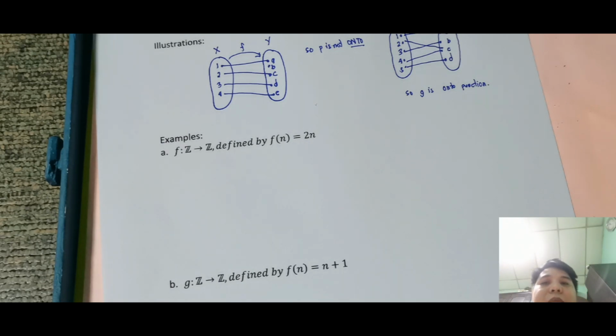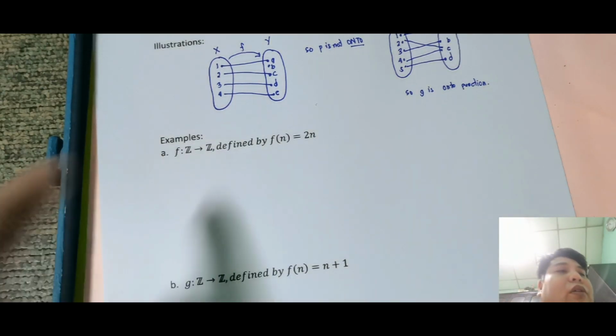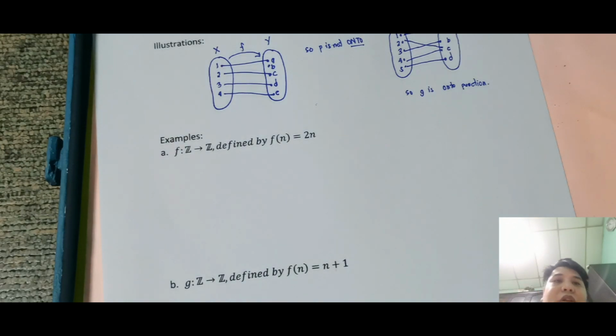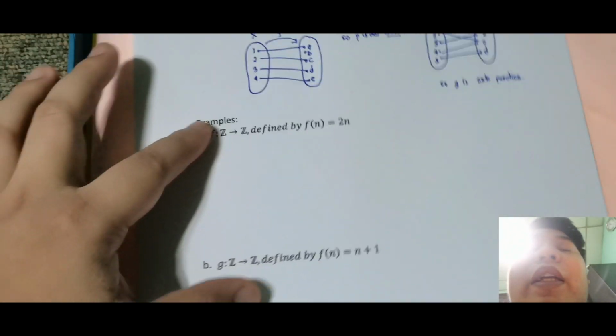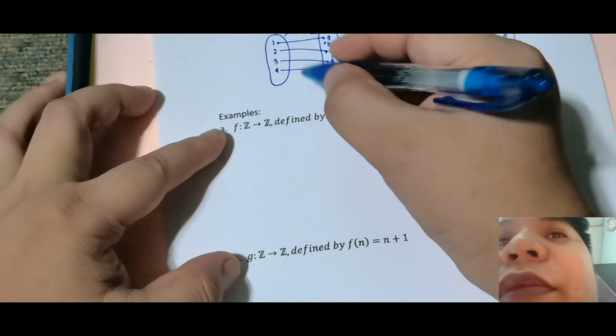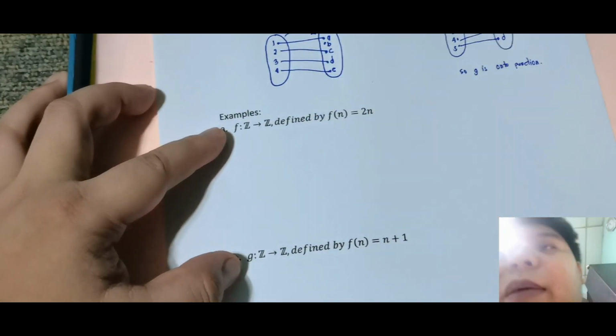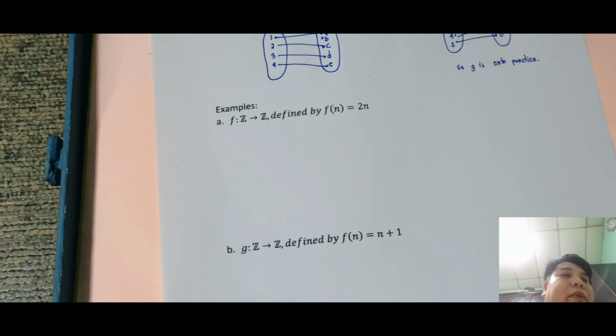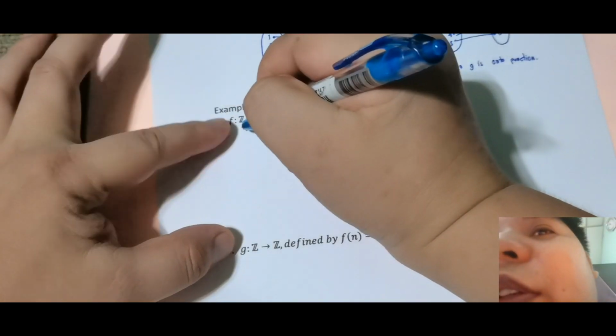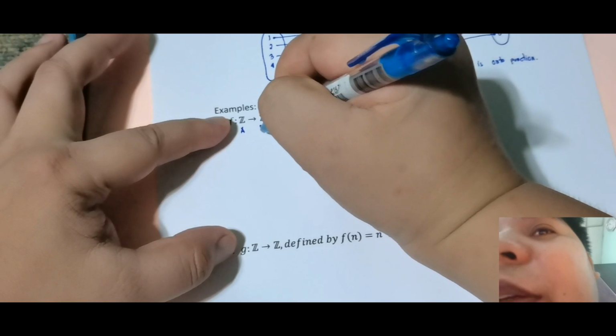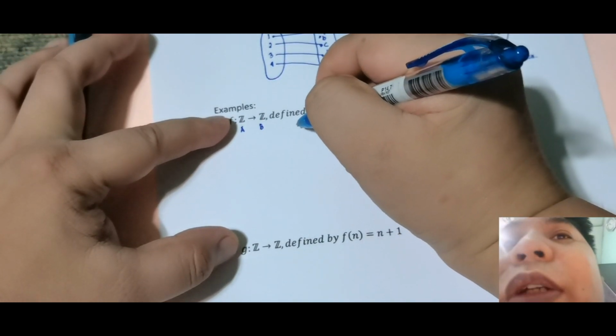Okay, so, let f be a function mapping from Z to Z defined by f of n is equal to 2n. So, tandaan mo yung mga domain at codomain. Si domain is integers, si codomain is integers also. Okay, so, check natin. Ang sabi, for all y, element of B. So, ito yung proof niya.